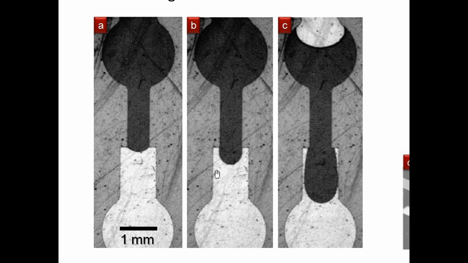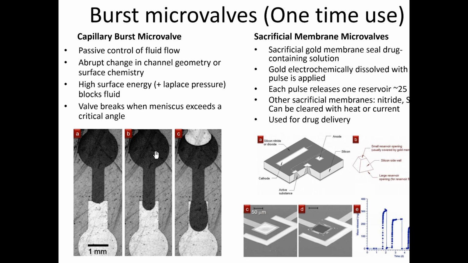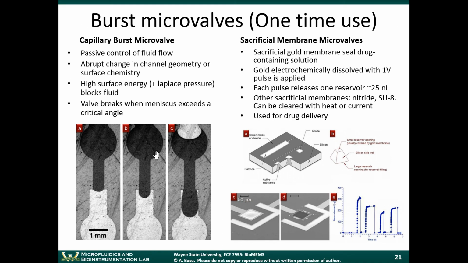Right? So this type of valve is called a burst microvalve, because it's a valve that can break. But it's useful if you want to meter a certain amount of fluid into the channel. For example, if you're loading a reagent from this side, the fluid will come here and it'll stop here on its own. So this region of the channel is filled by the fluid. So you're metering a very specific volume of a reagent into the channel.